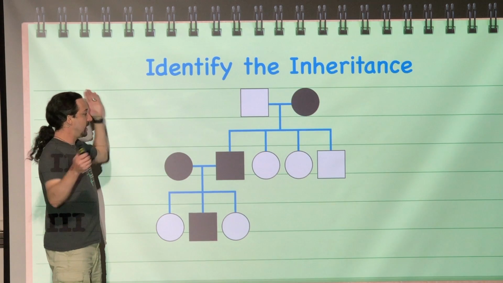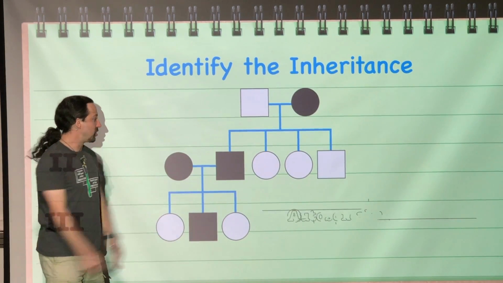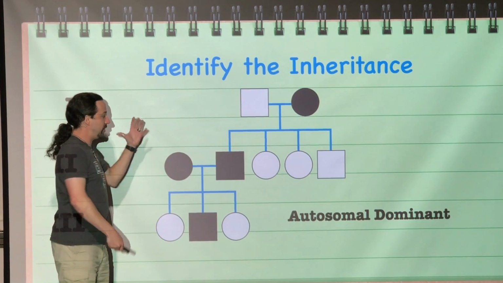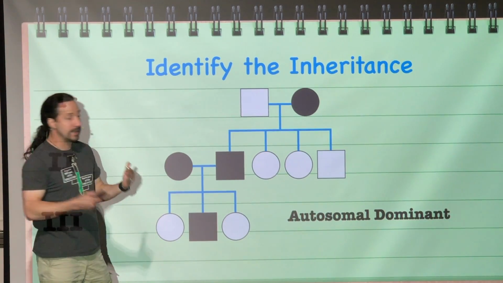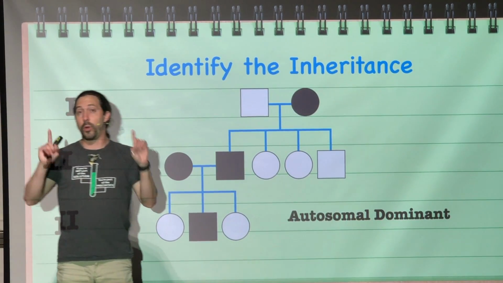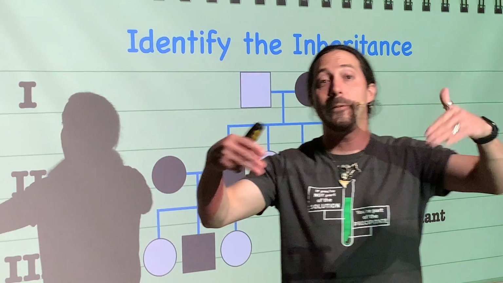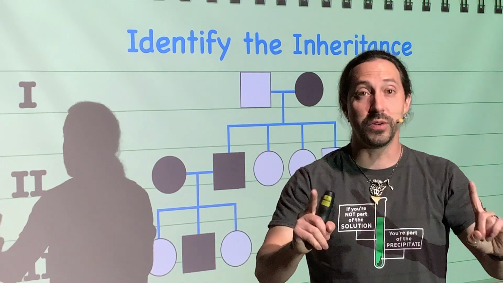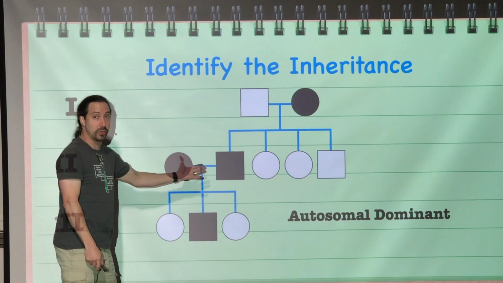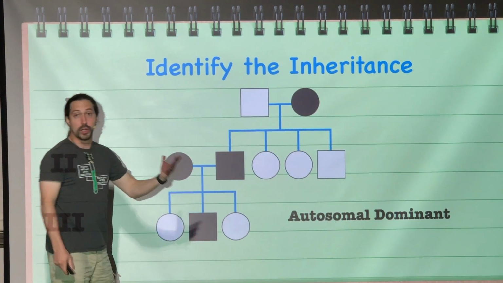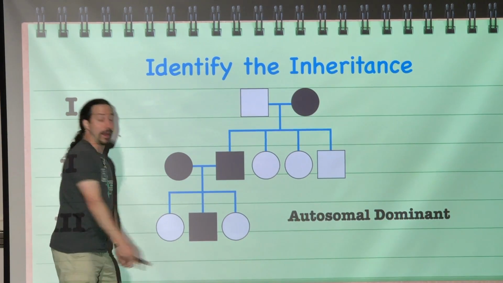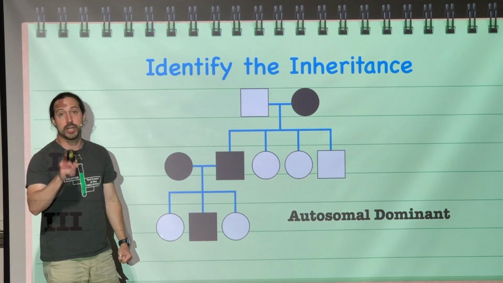All right, this would be autosomal dominant. And the reason why is because it doesn't skip a generation. It shows up in these different generations, generation 1, 2, and 3. But also, what we can see is that the non-filled in individuals do skip a generation, where these parents 2-1 and 2-2, neither one shows the non-shaded in trait, but they have offspring that do show the non-shaded in trait.